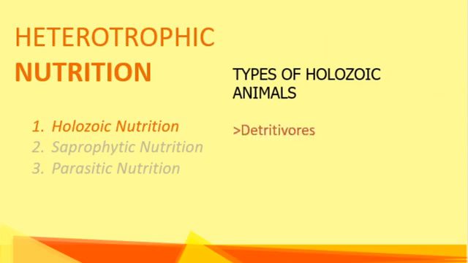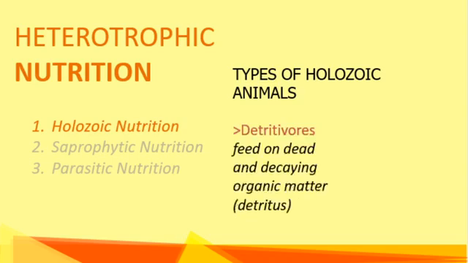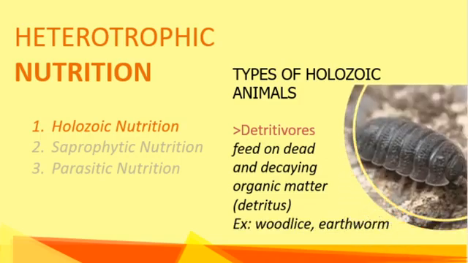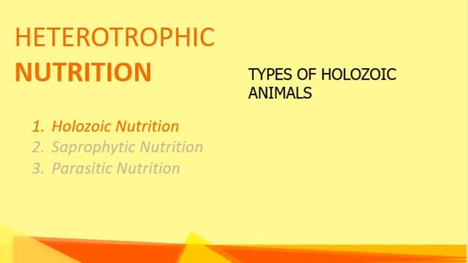Next up, we have detritivores. These are organisms that feed on dead and decaying organic matter, which is called detritus. Examples of this are the woodlice, the earthworm, and the snail. We also have insectivorous plants.